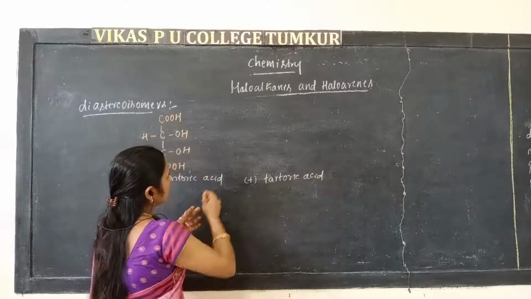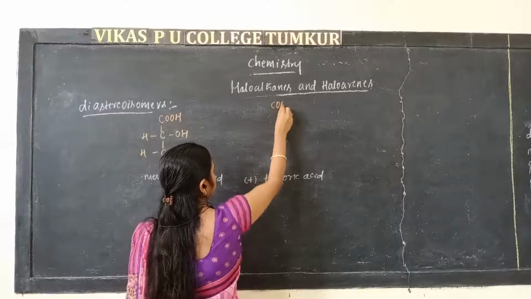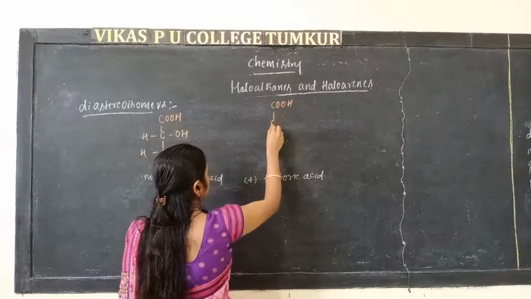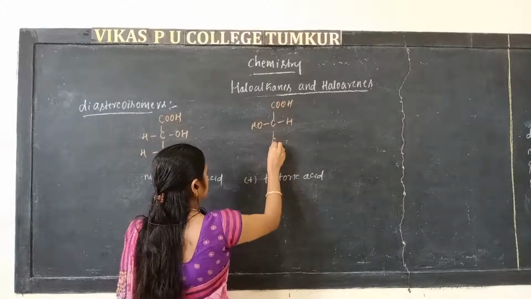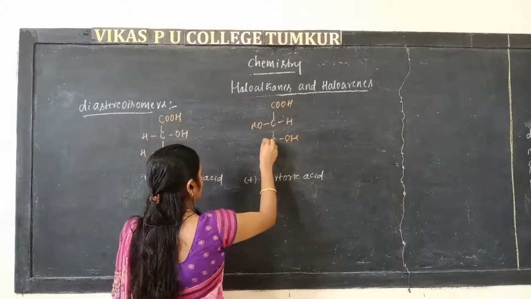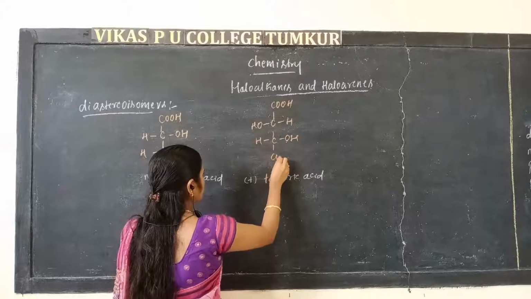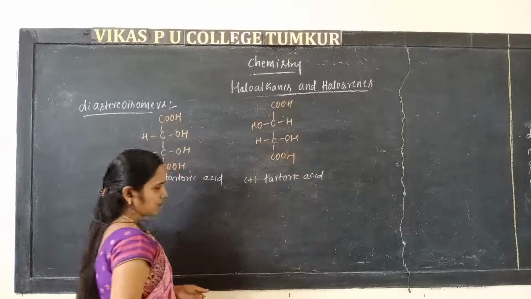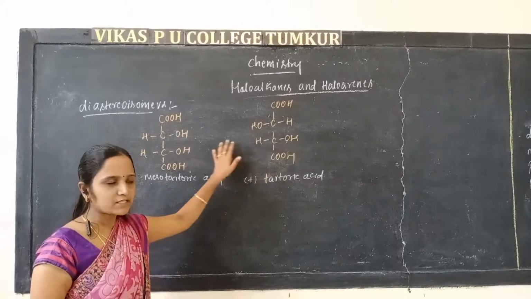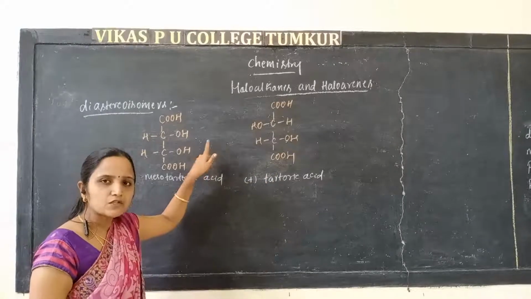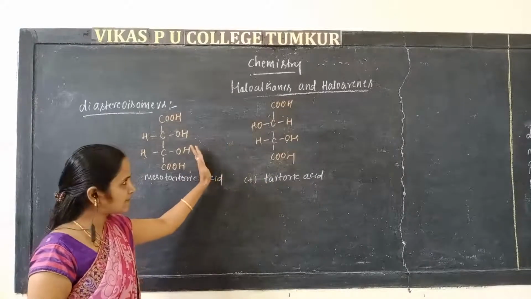Dextrotartaric acid can be written as COOH, then CHOH, H, CHOH, H, and COOH. These two are a pair of stereoisomers that are not related as object and mirror image.